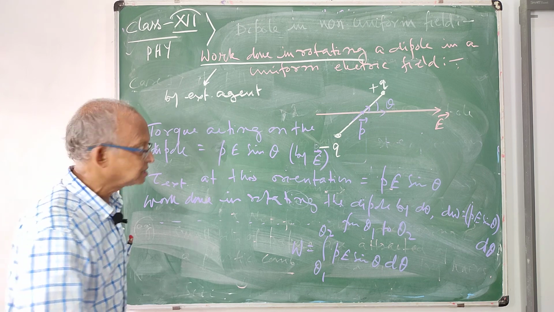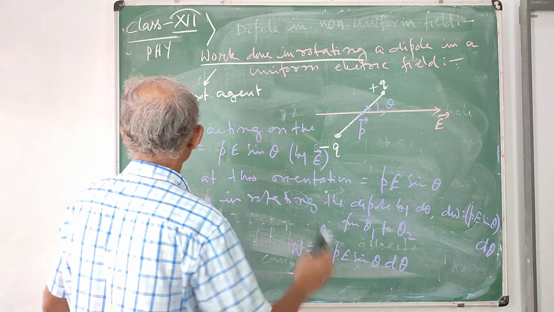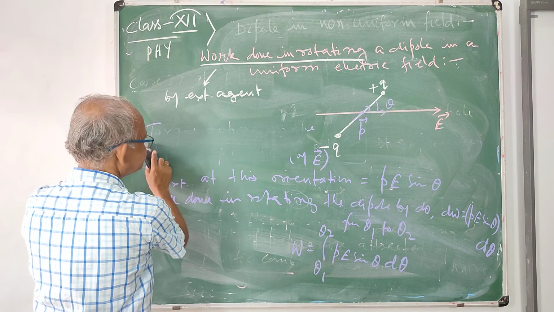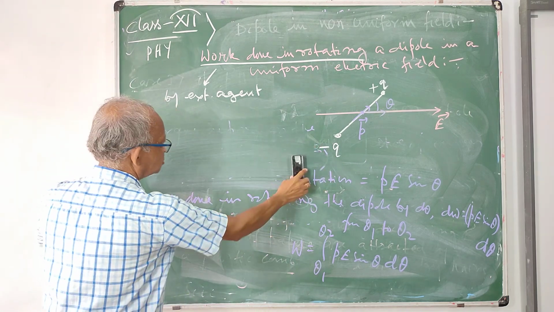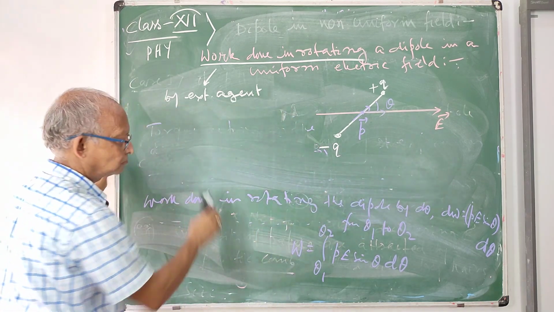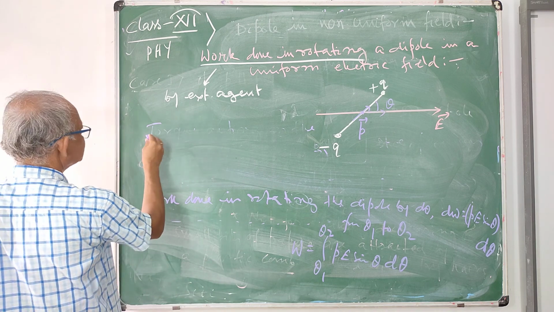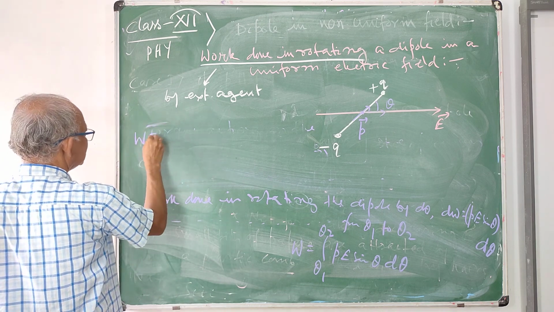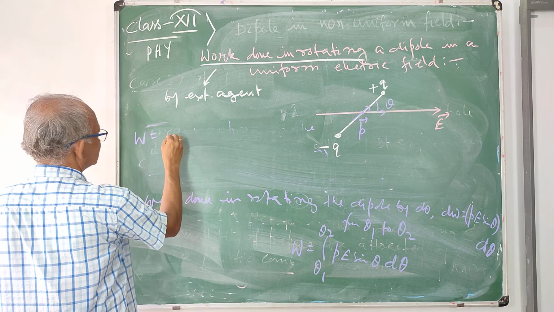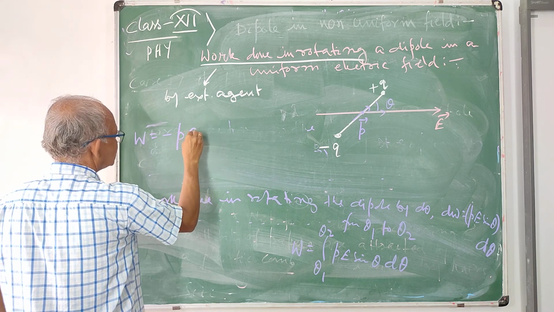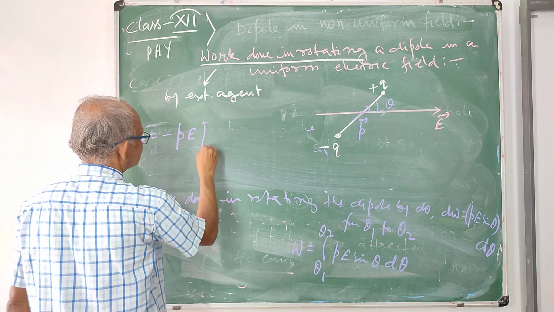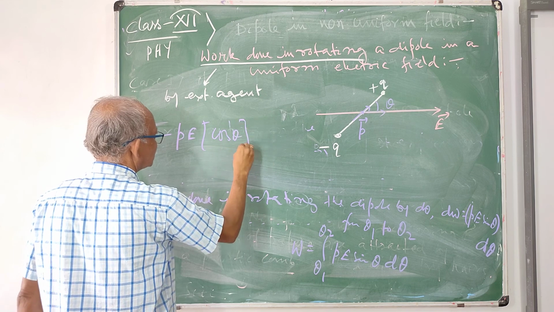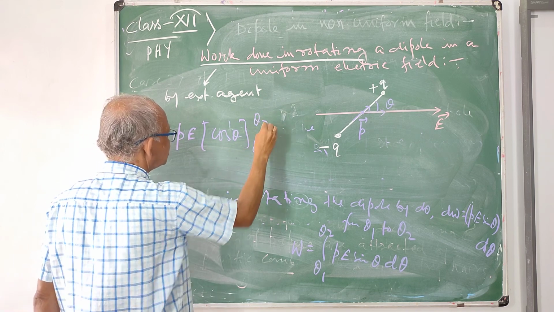So this will be, you do this. W equals minus P E cos theta from theta 1 to theta 2.